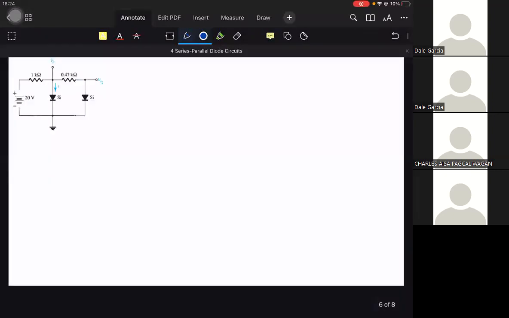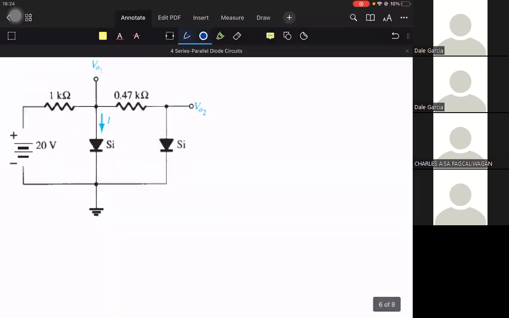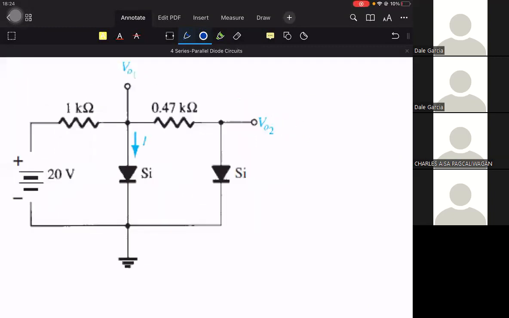Next example, this one. This is clearly a series circuit. So what would happen in any case, remember, once a diode is forward biased, whatever the voltage drop is, it sticks to a constant value.